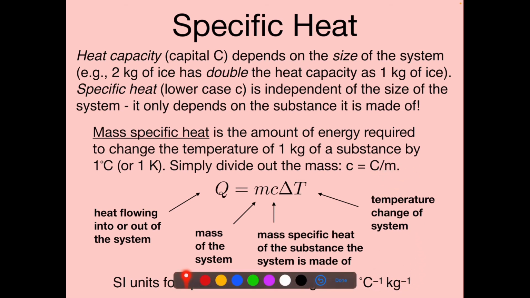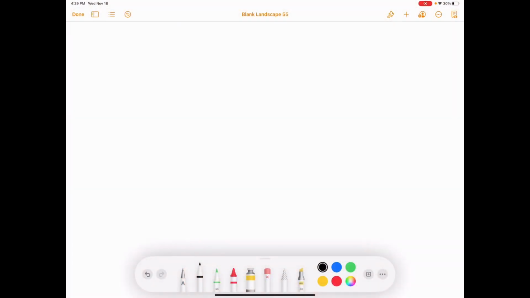That's the idea. Okay, so specific heat, lowercase c, is given by heat capacity, uppercase C, divided by m. And of course, we saw earlier that heat capacity is Q divided by delta T. It's the heat divided by the temperature change.